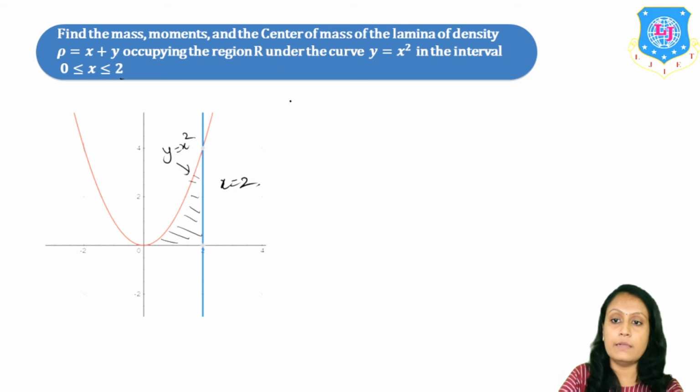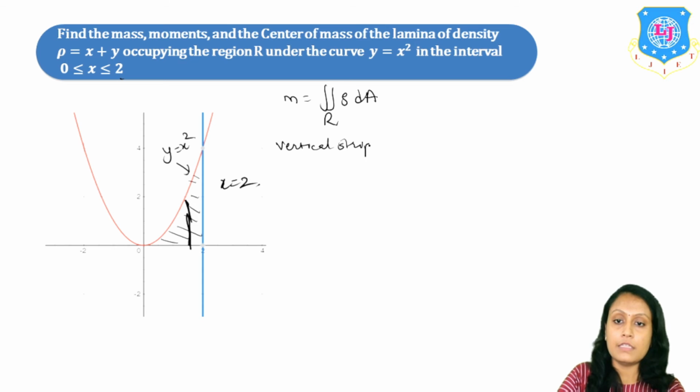So firstly we will find mass. Mass is given by the formula double integration over region R of rho dA. This is the region of integration, so let's take a vertical strip here. This vertical strip starts from the x-axis, that is y equal to 0, and ends at this parabola, y equal to x squared.